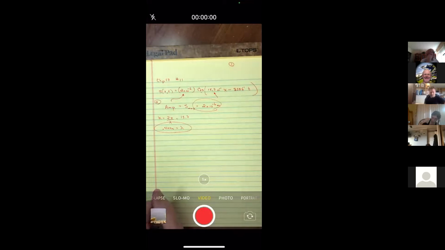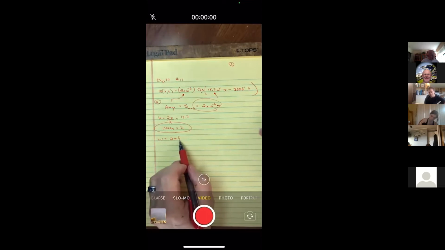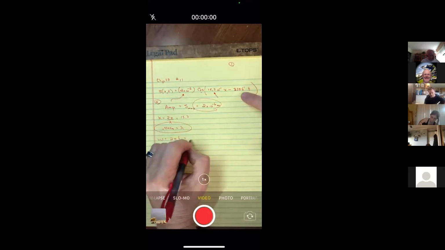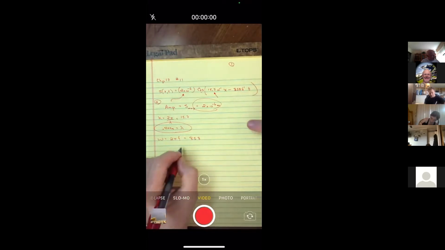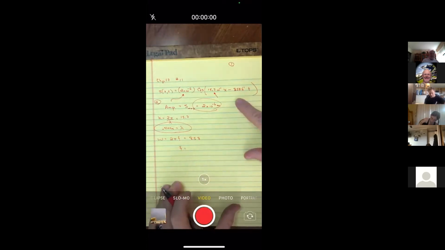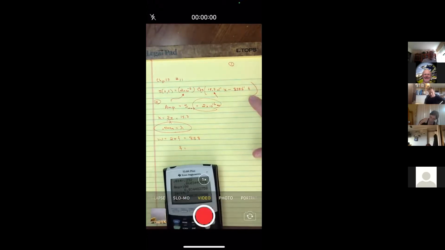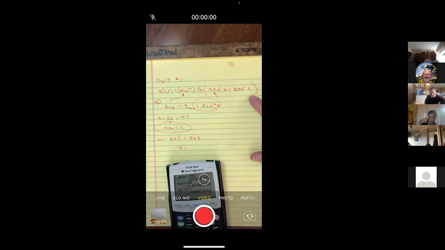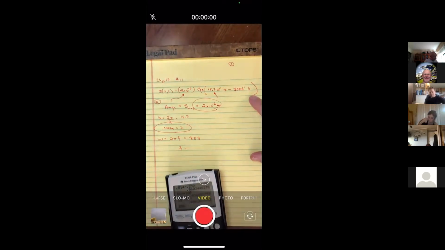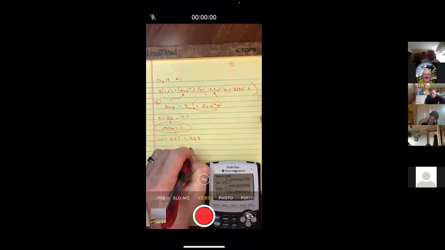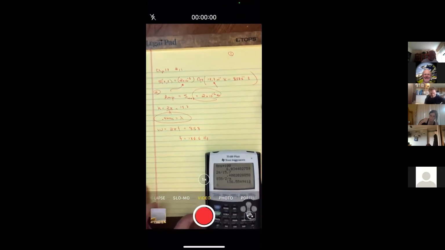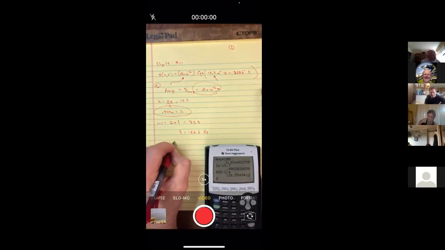Now, I believe the next one said speed. So to get speed, let me do angular frequency and frequency first, because the angular frequency is this 858, the number in front of the time variable. 858 divided by 2 pi comes out to be a frequency of 136.6 hertz. So to get the velocity, I would do wavelength times frequency.